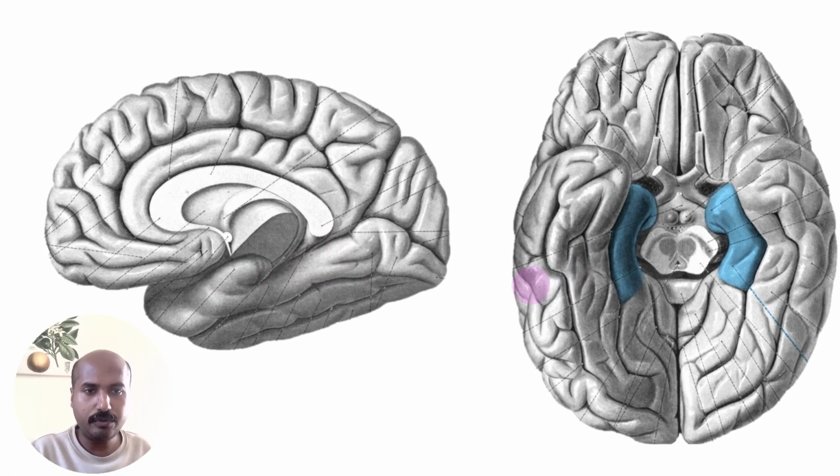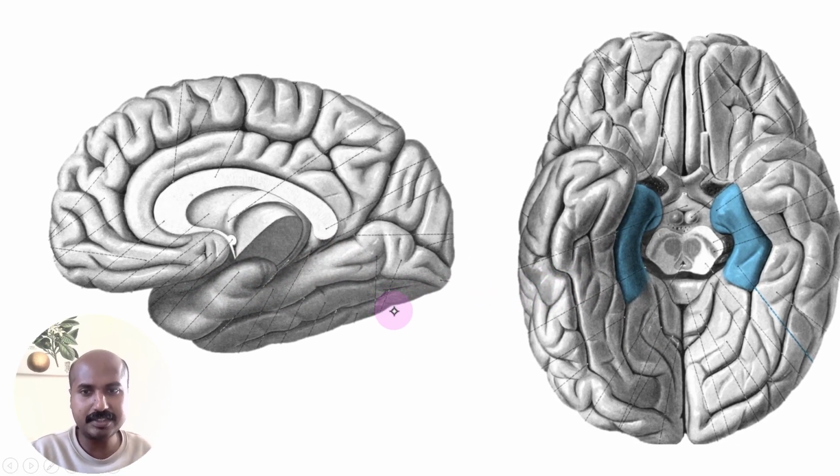All right, we go further to other sulci and gyri that you find over here. This sulcus, not very clear on the medial aspect but more clear on the inferior aspect, is known as the Occipito Temporal Sulcus, and that demarcates two gyri on the medial and lateral aspect of it.